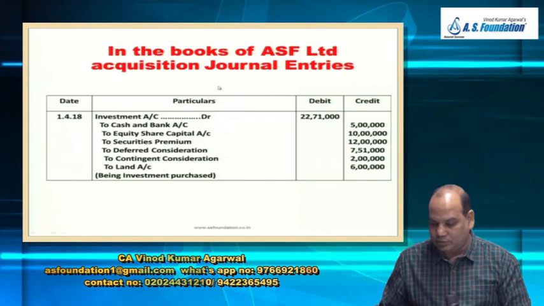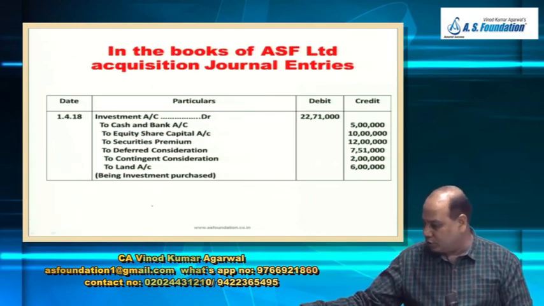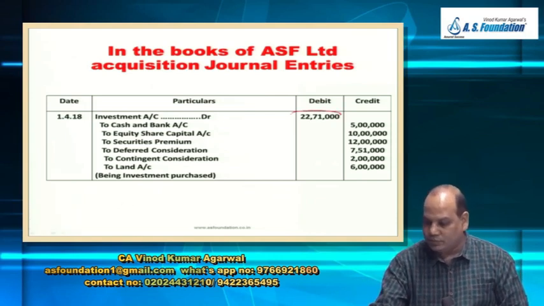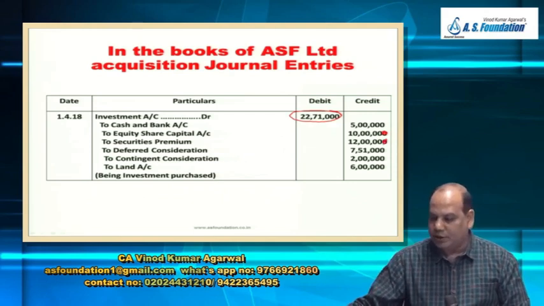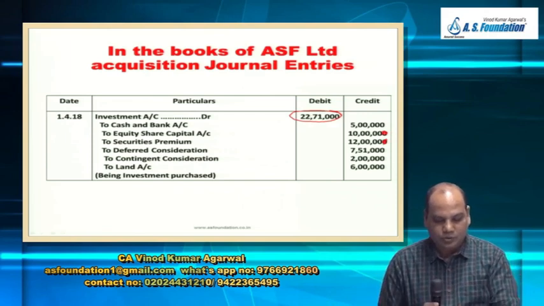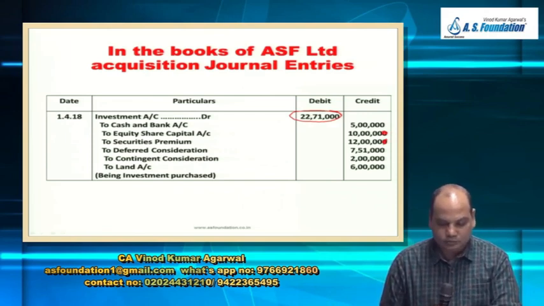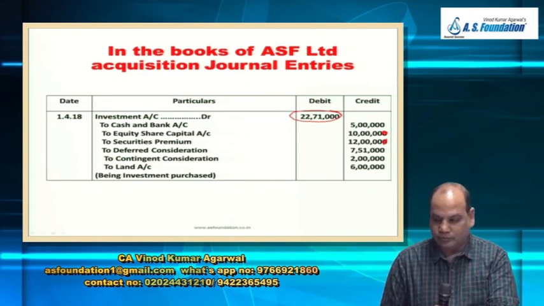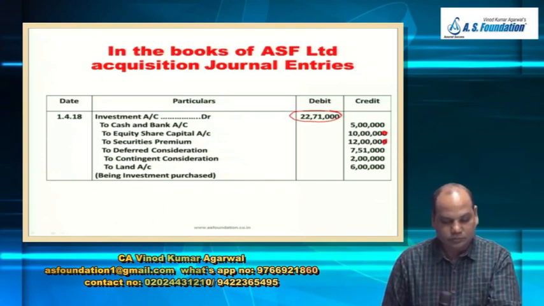Investment account debit 22,71,000. If you've written 315, write that also. To cash and bank, write 5 lakh. To equity share capital 1 lakh. In bracket write 10,000 into 10.